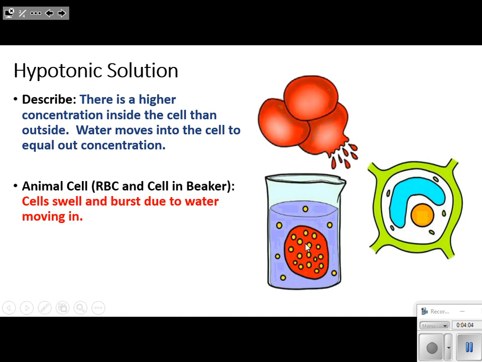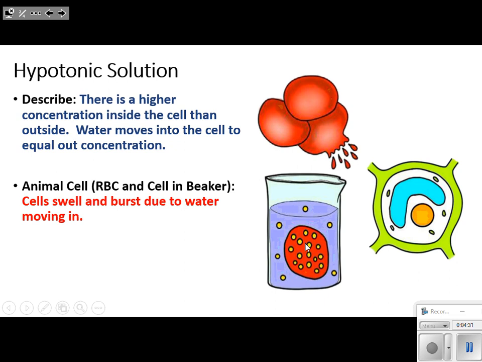In an animal cell, the cell will swell, and if it swells so much, it could possibly burst. Okay? It could possibly burst due to too much water moving in there.